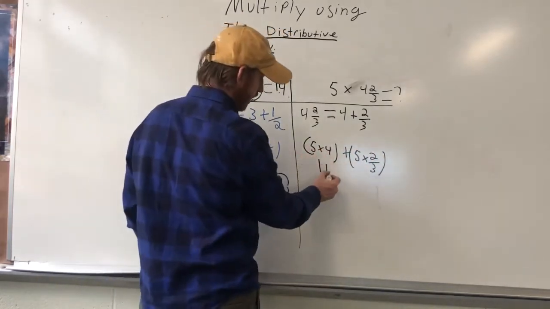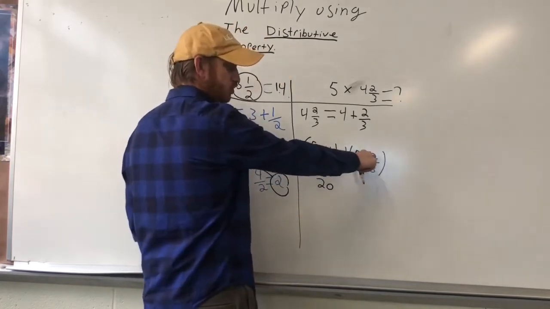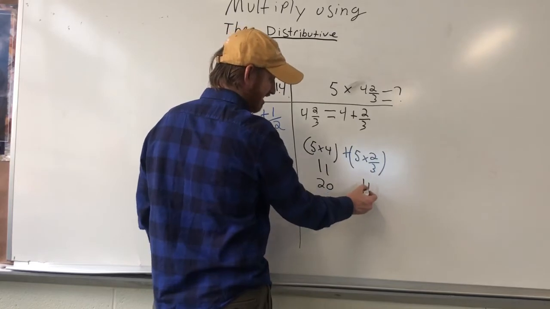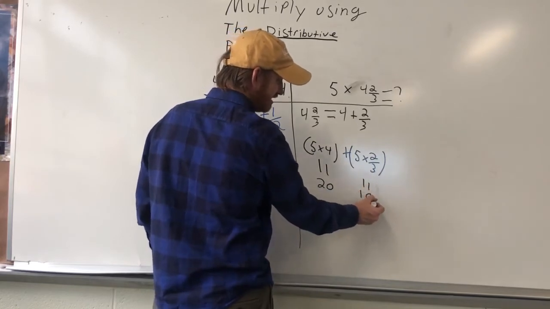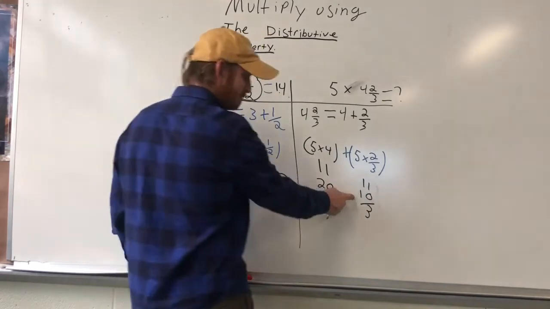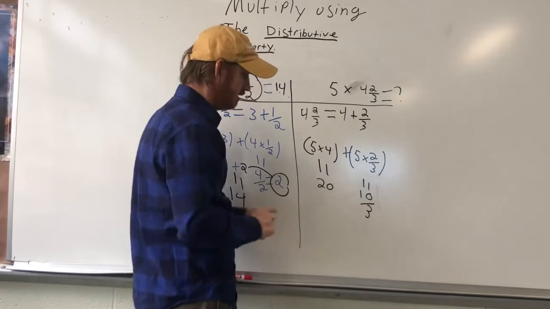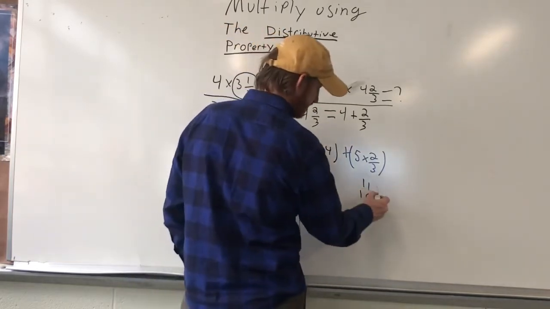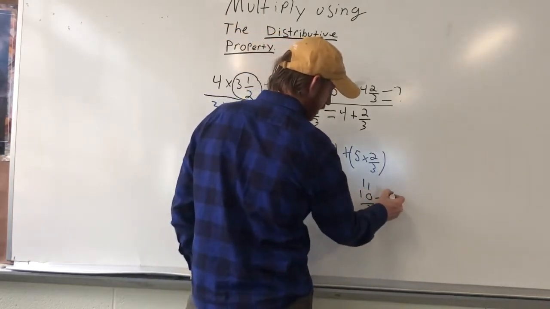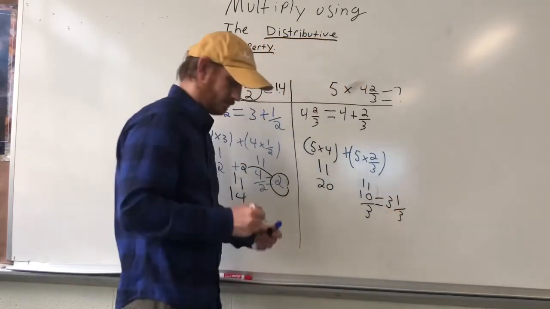5 times 4 is 20. And 5 times 2 over 3 is 10 over 3. But again, I can simplify that because I can go 3, 6, 9. So this is equal to 3 1/3.